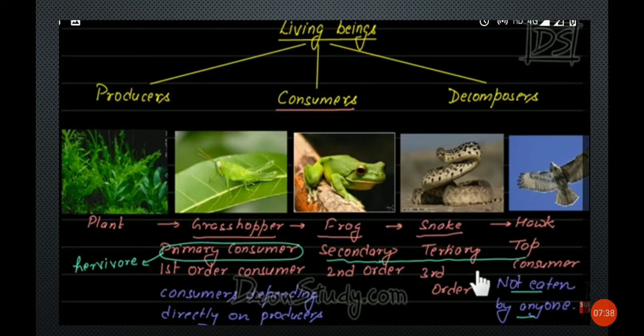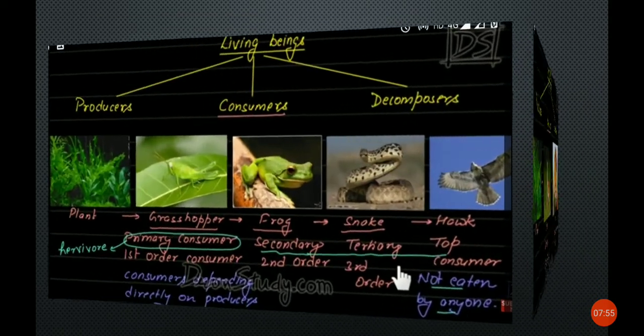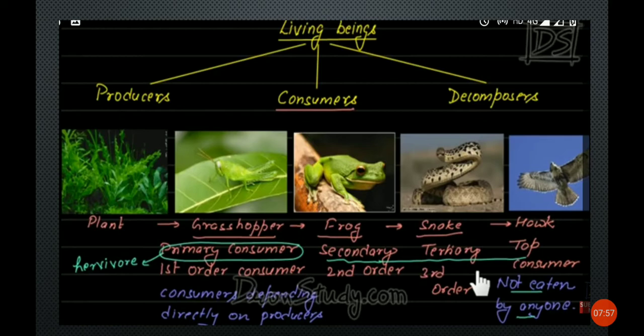Next, here is one more example of a food chain. In the last slide, how many consumers were there? Primary, secondary, tertiary, and top.